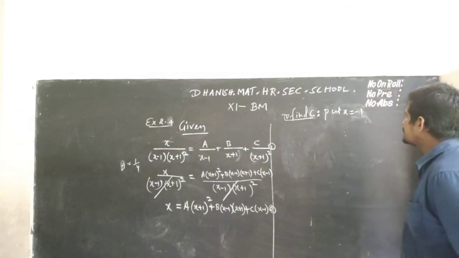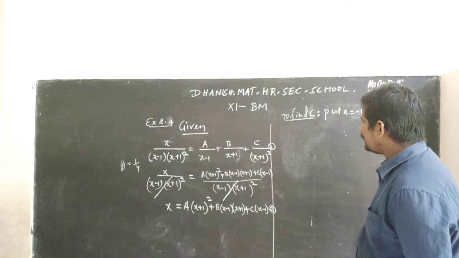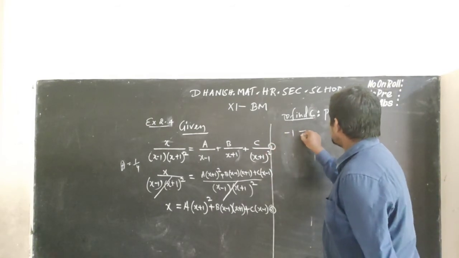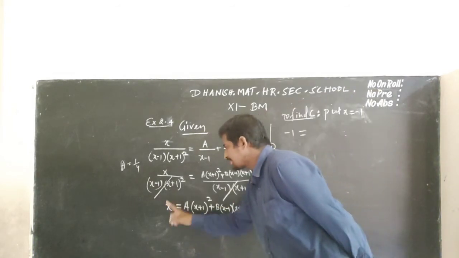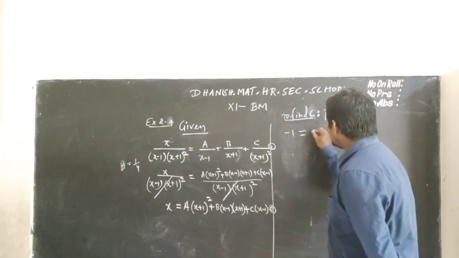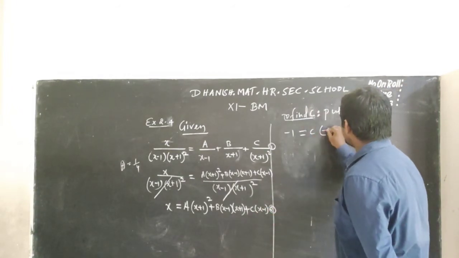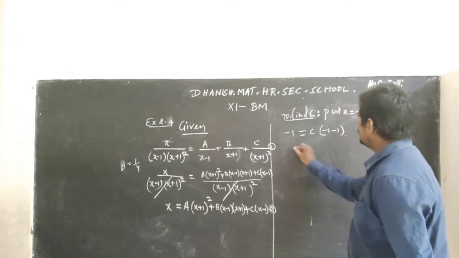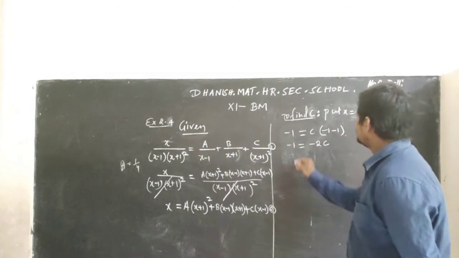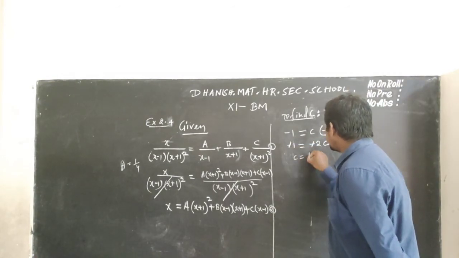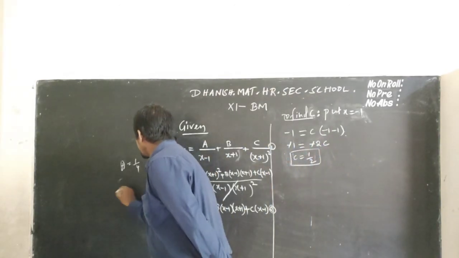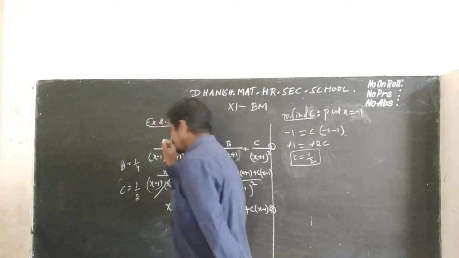If you put x as minus 1, the A and B terms will become 0. Minus 1 equal to, here in the LHS we have x, so instead of x, minus 1 equal to C into, instead of x, minus 1, minus 1. Minus 1 equal to minus 2C. Minus minus will get cancelled. C equal to 1 by 2. We got our next value, C equal to 1 by 2.